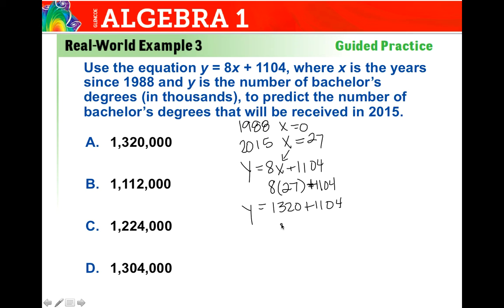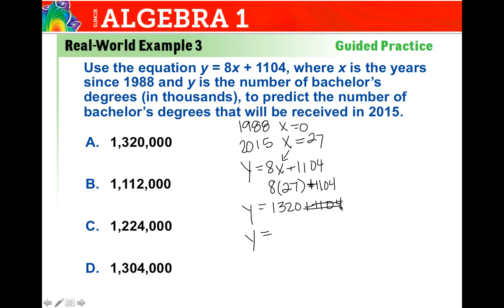All right, and remember this is going to be in thousands. So we get y equals, not 1320 plus 1104.